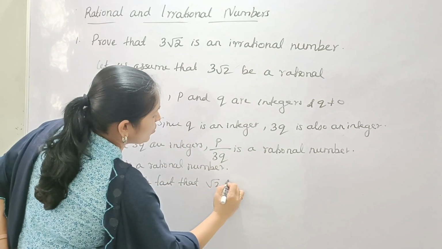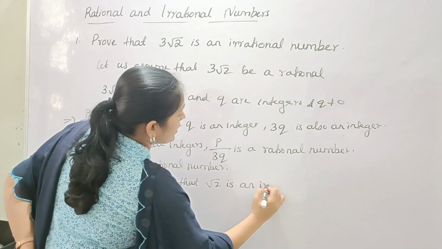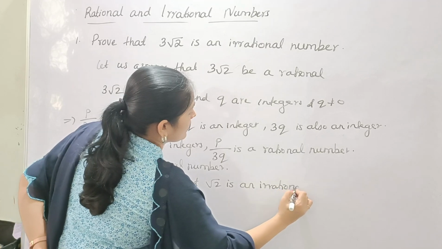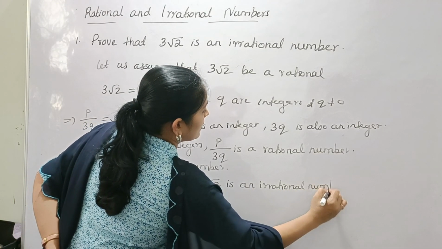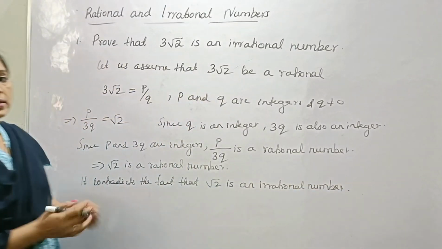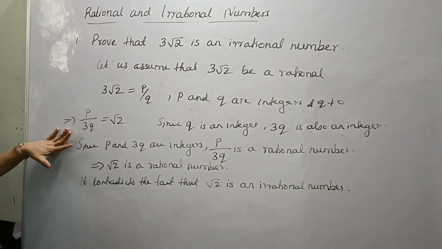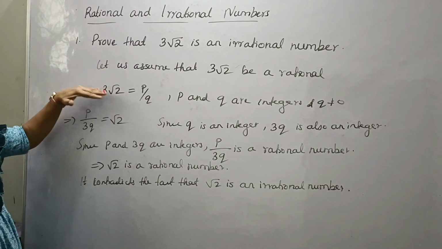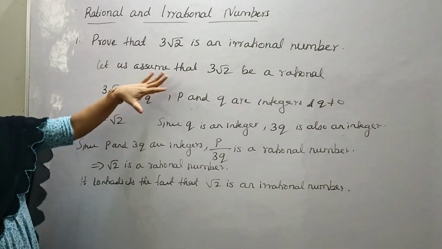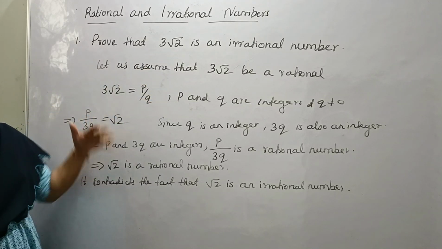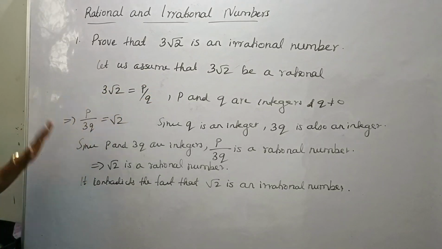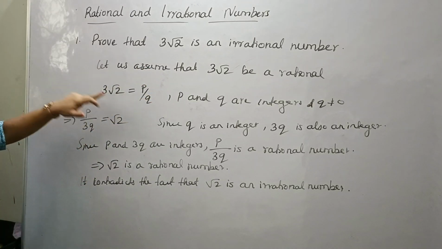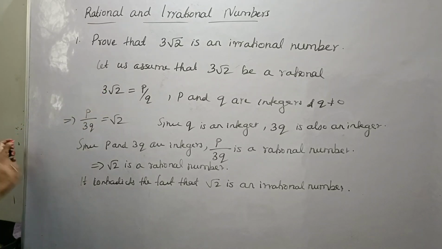Thus, our assumption that 3 root 2 is a rational number is wrong. Thus, 3 into root 2 is an irrational number.